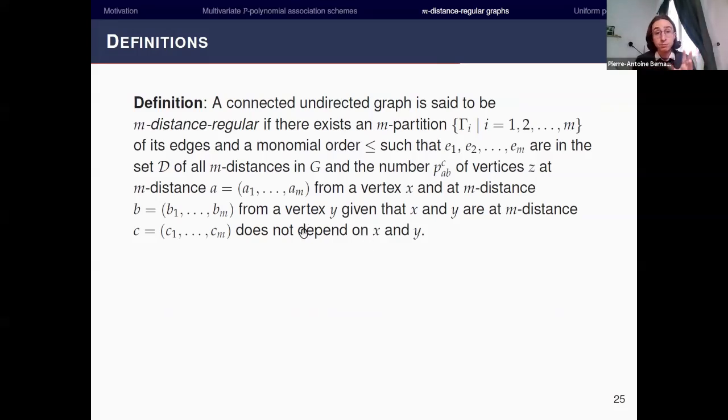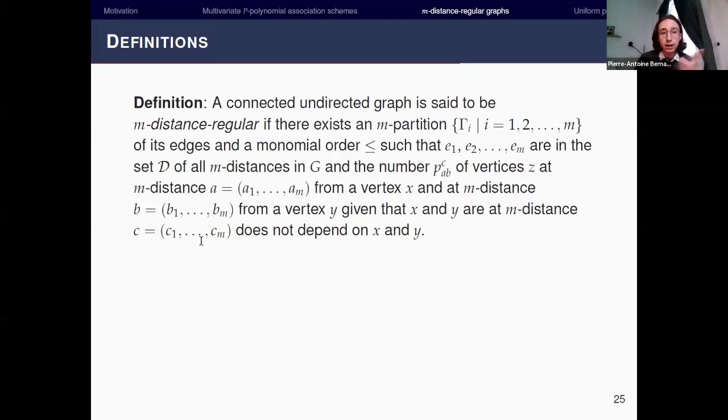So basically, a graph is said to be m distance regular if you take any vertices x and y that are at m distance c, the number of vertices z at m distance a from x and b from y does not depend on x and y, but only on their m distance, which is c.